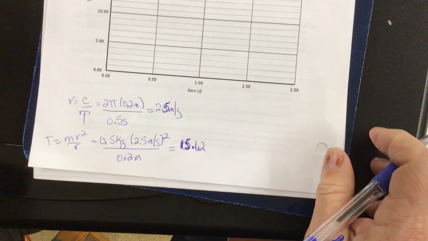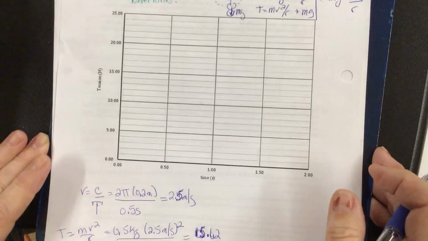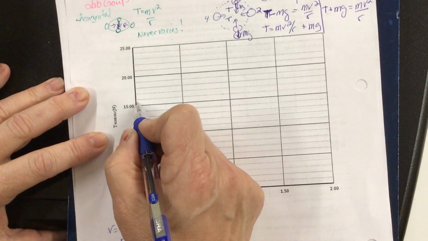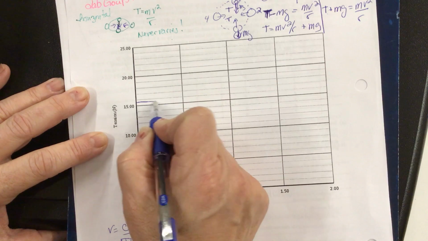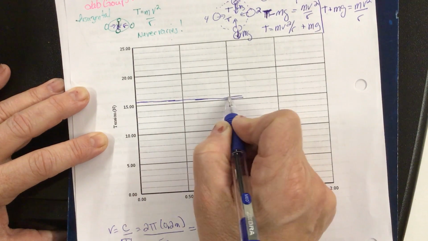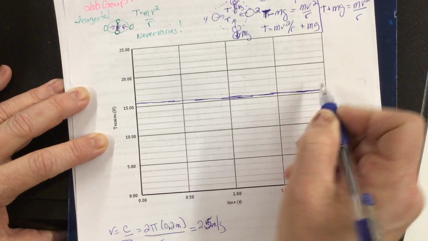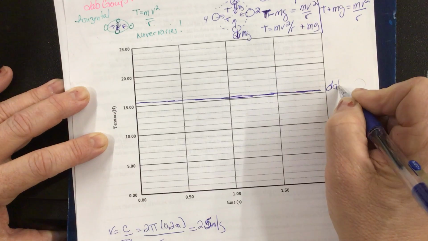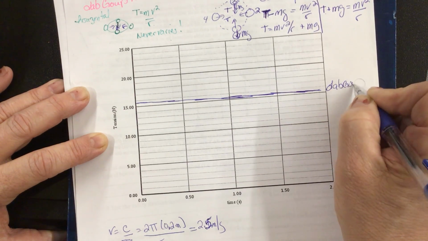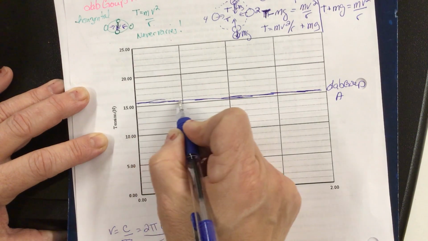And that is the tension in the string for lab group A, and it doesn't vary, so we're going to go ahead and graph that. It's going to be up here, and they've asked us to graph it in a solid line. Not a very good solid line. I could use a ruler, but there's lab group A's data. There's A. Okay.